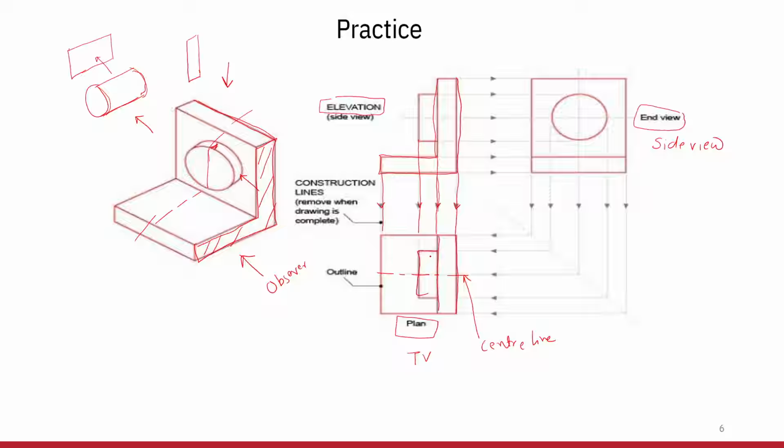Based on that, we will draw this length which is equal to the length of the object, correct? Then this length which is equal to the diameter. In this case we will be looking in this direction, so this is the diameter we will draw, and finally while looking in this direction we will draw this portion. So we complete this portion.